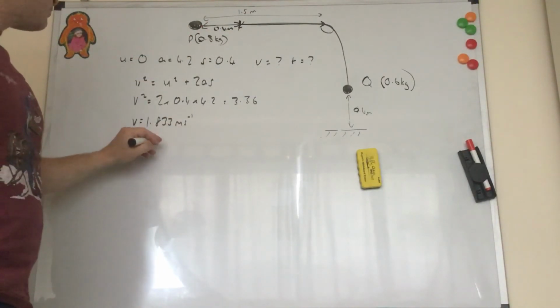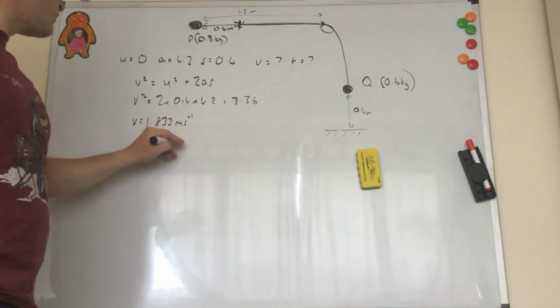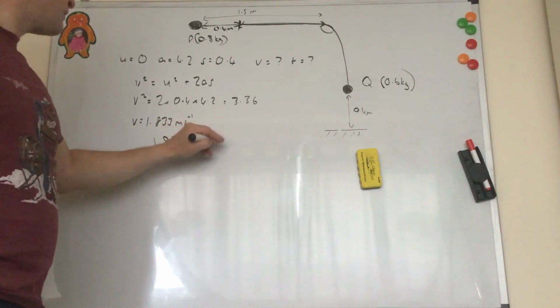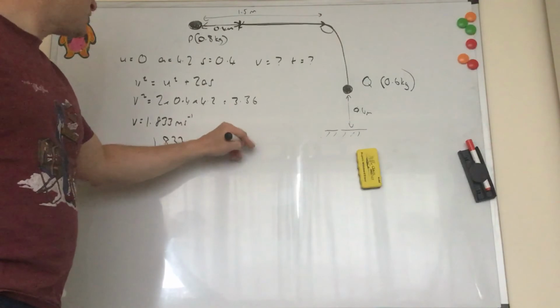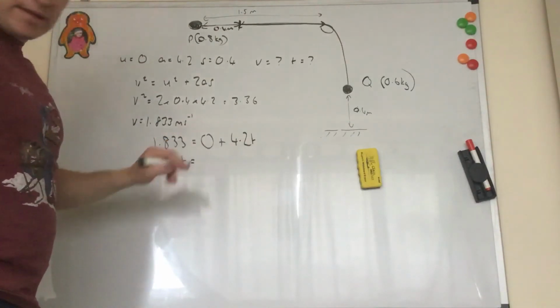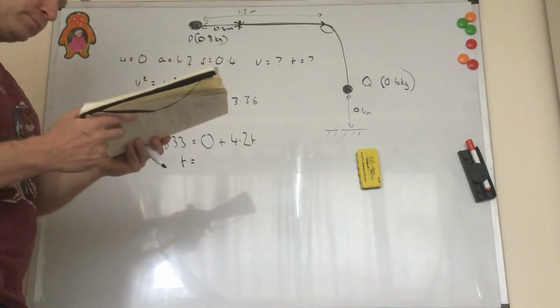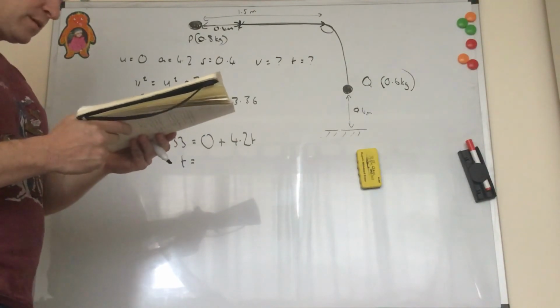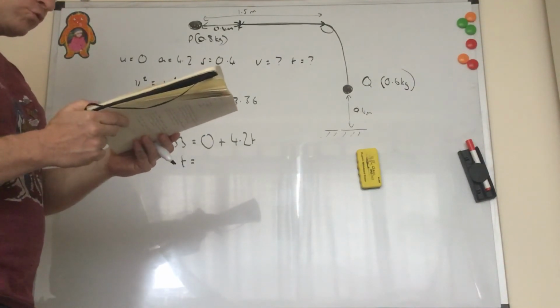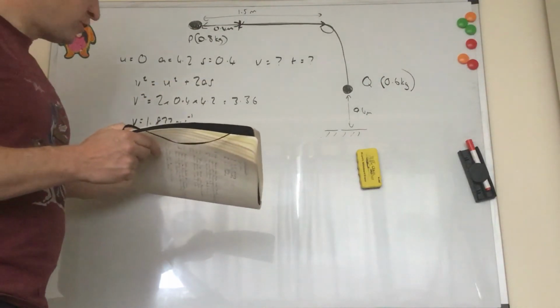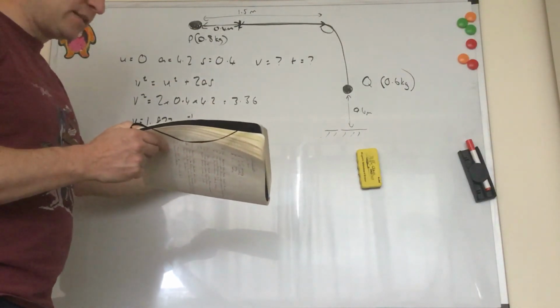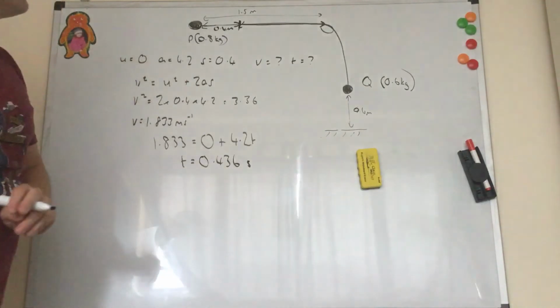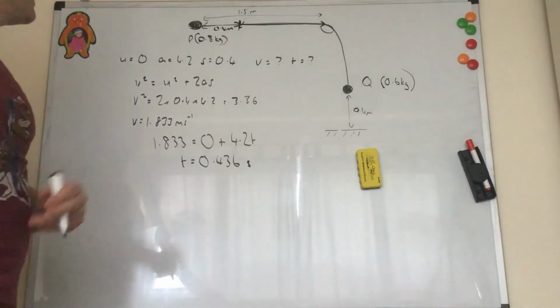If I now use v equals u plus at, 1.833 equals 0 plus 4.2t. So I get t equals, this is where I messed up, 0.436 seconds for that first bit of movement.